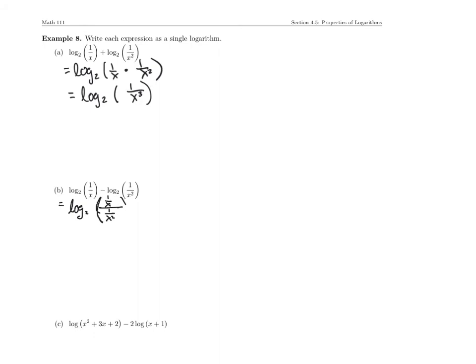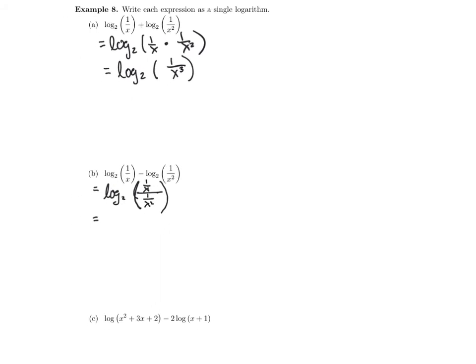So I am dividing their insides. And this double fraction, not a huge fan, so I'm going to write this the long ways instead. I'm also going to zoom in. So we'll have log base 2, 1 over x divided by 1 over x squared.